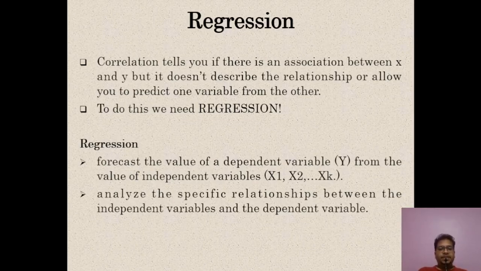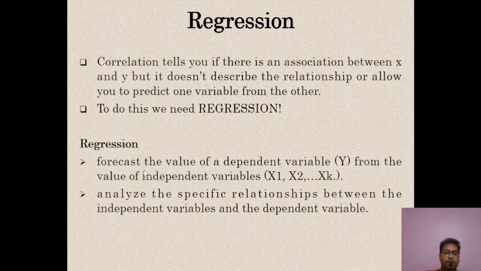So when I say regression, let's see the regression part. What regression does is it helps us forecast the value of the dependent variable y from the value of the independent variable. So y की वैल्यू निकाल सकते हैं हम लोग x की वैल्यू से. तो पहले समझते हैं डिपेंडेंट वेरिएबल और इंडिपेंडेंट वेरिएबल भी क्या है.